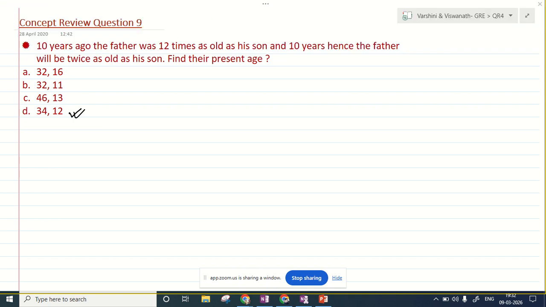So can we go from the options? We can solve it also. 10 years ago, the father was 12 times as old as his son, which means if the father's present age is F, then 10 years ago it was F minus 10. And let's say the son's present age is S. What should the son's age be then? S minus 10.